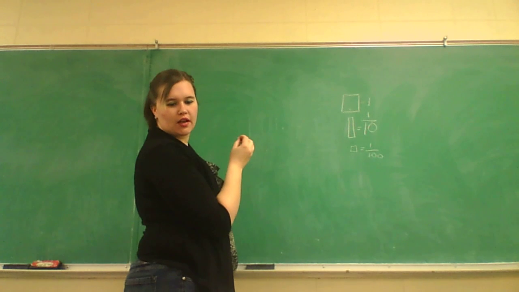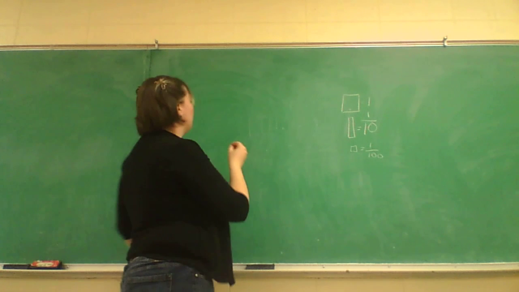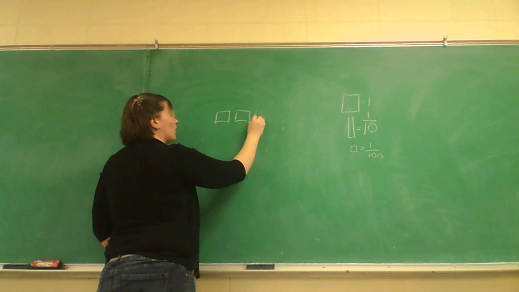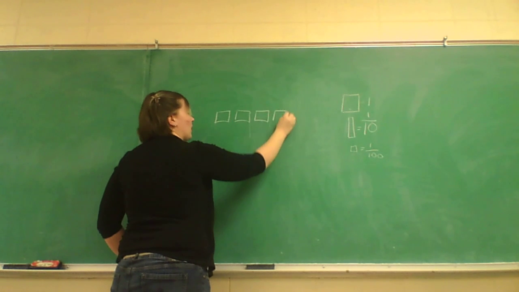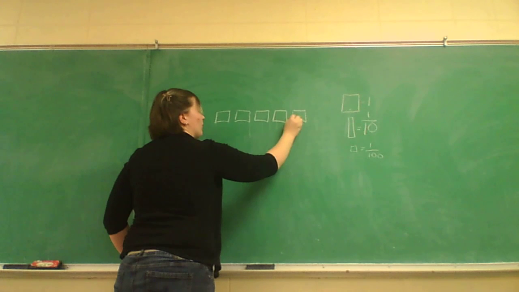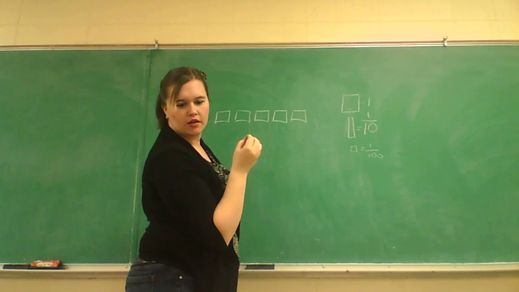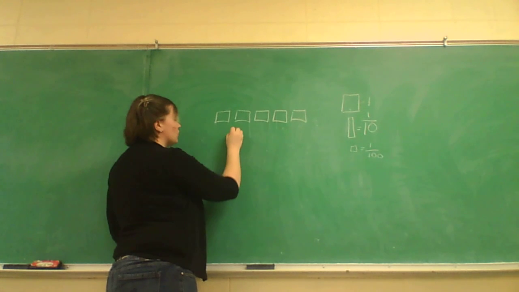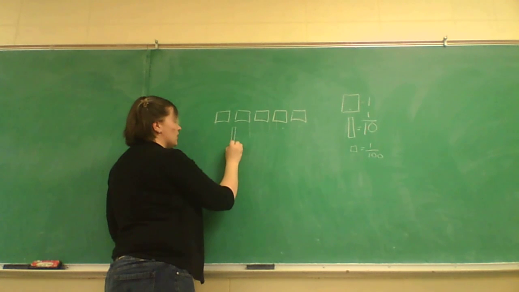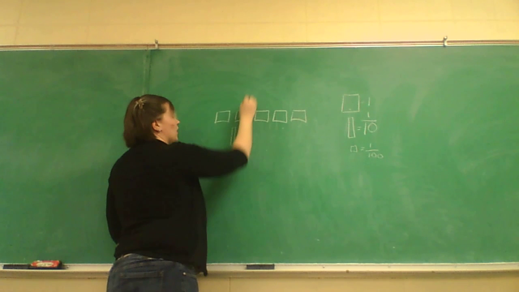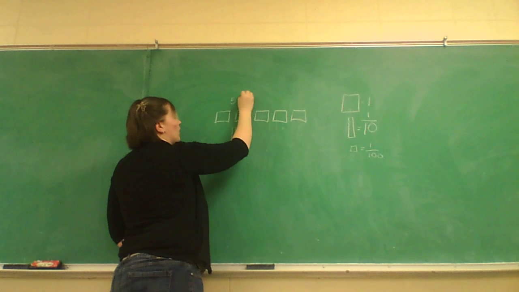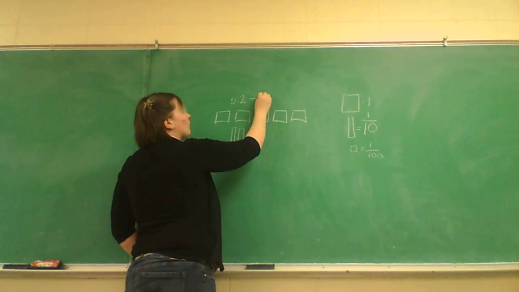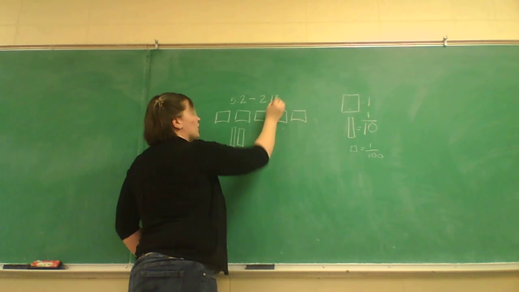So we're going to take 5 and 2 tenths. So that's your 5 and 2 tenths. And we're going to subtract it from 2 and 13 hundredths.